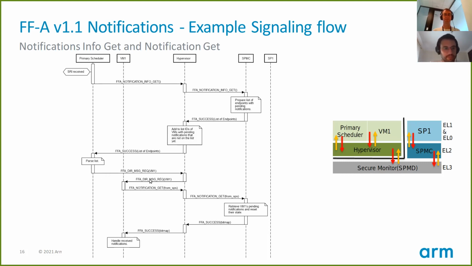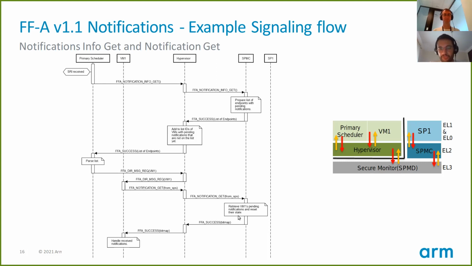This is an implementation defined way that we have as an example, just because of the current state of implementation of the notifications feature. So VM1 would receive the direct message request and call FFA notification get, providing through its flags that it should retrieve pending notifications from SPs. The hypervisor would relay this call to the SPMC.